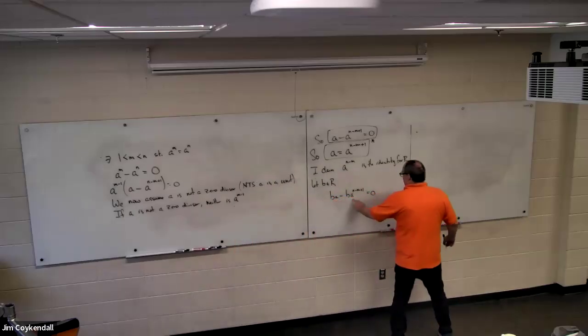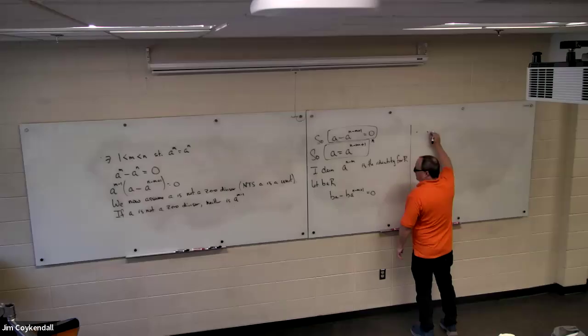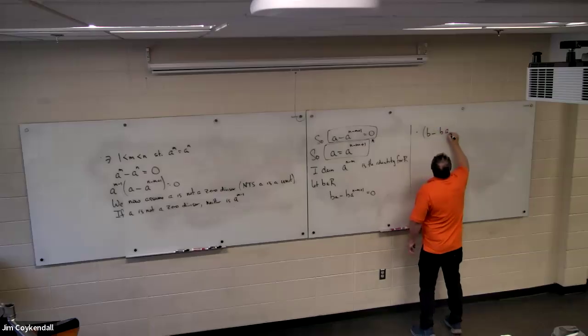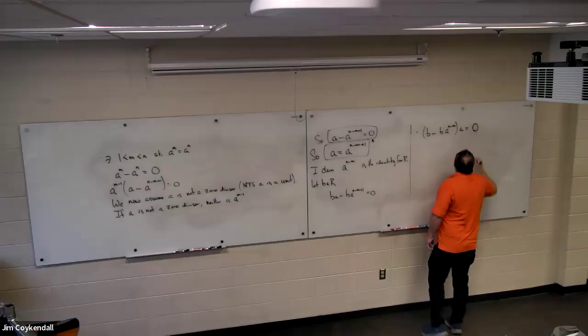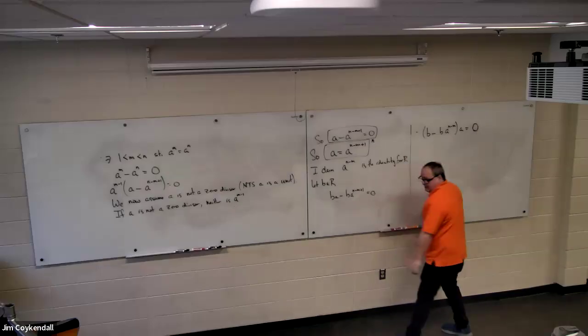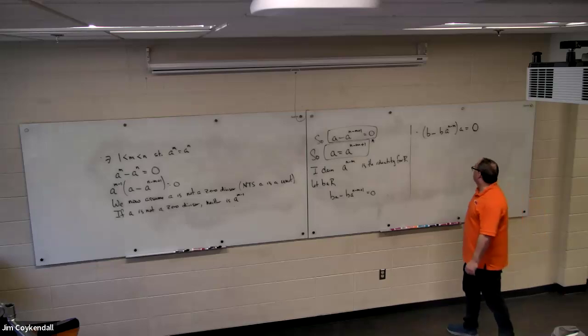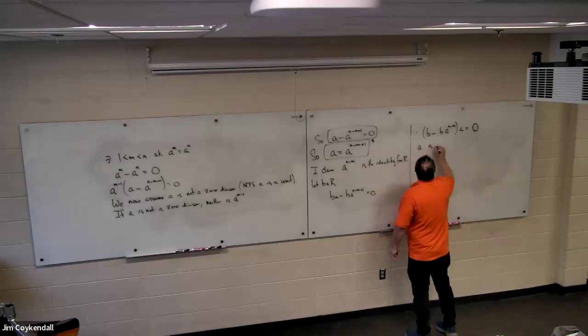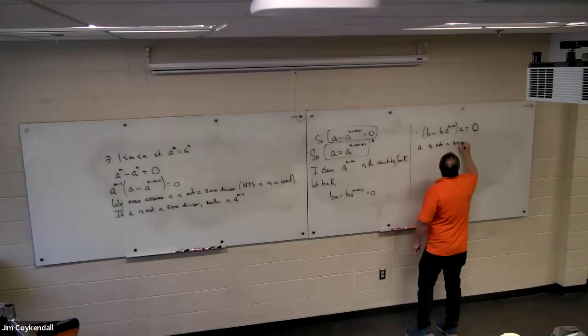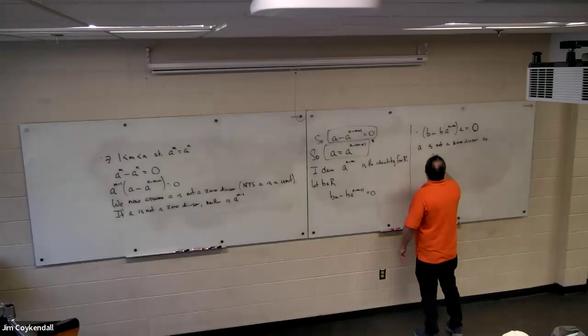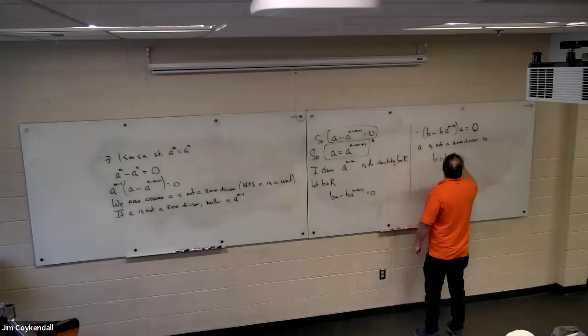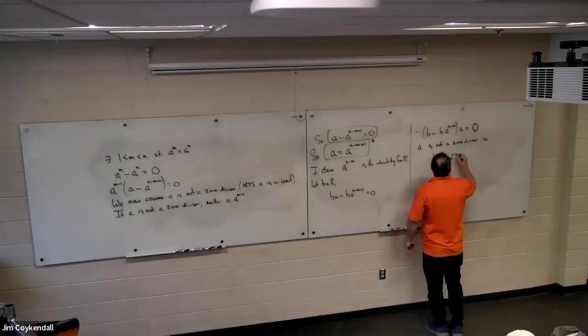Now, putting that B here allows me to pull out an A. See what I did? I pulled out that A from the other side. Right? So A is not a zero divisor. So B equals B A to the N minus M.